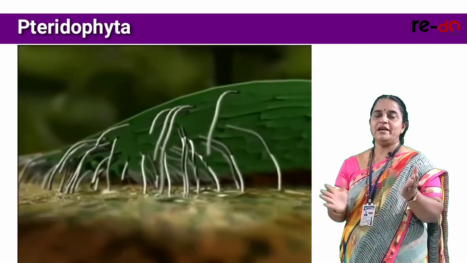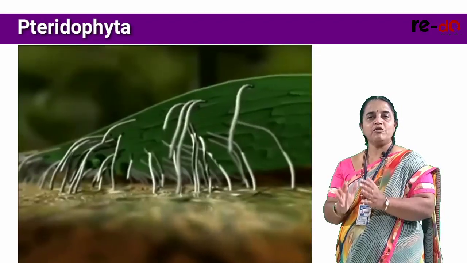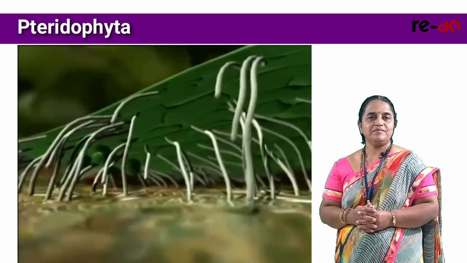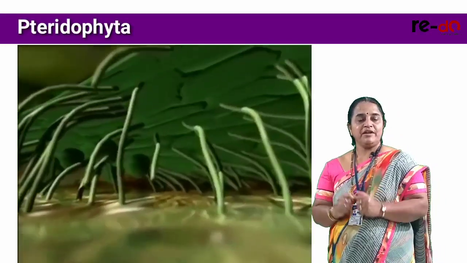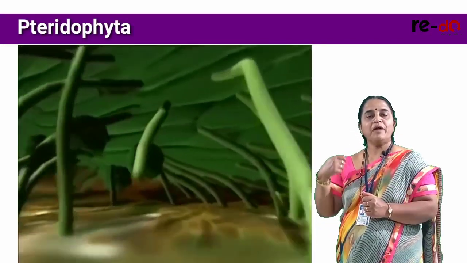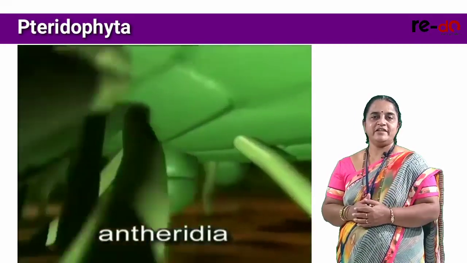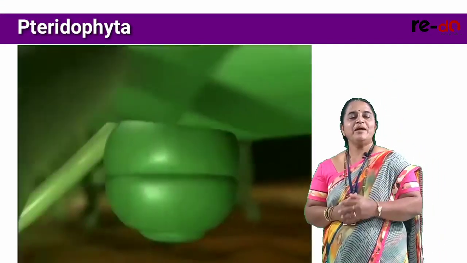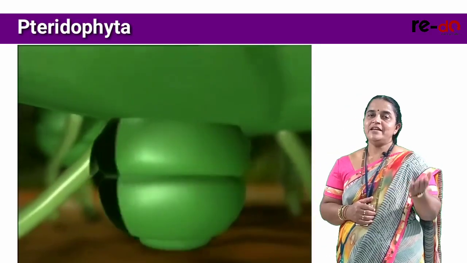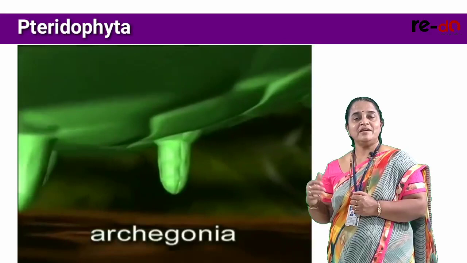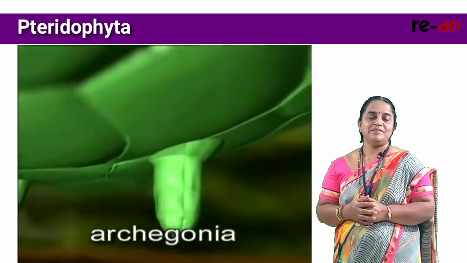Bisexual means both male and female organs will grow on the same thallus. We also use the term homothallic. Now, this gametophyte, which is derived from a haploid spore, naturally represents the haploid state. It produces two gametangia: Antheridia representing the male sex organ, Archegonia representing the female sex organ.